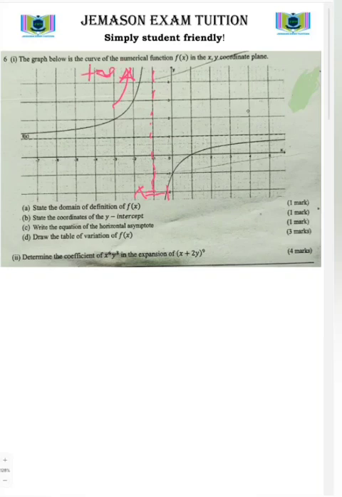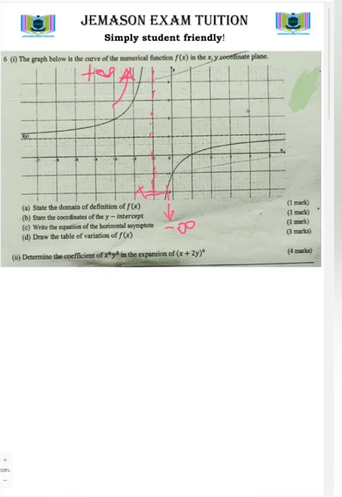And as x values are approaching -1 from the right, the graph tends to negative infinity. So x equals -1 is a vertical asymptote on that graph, and hence it is a point of discontinuity and is going to play a role in the writing of the domain of definition of the function.